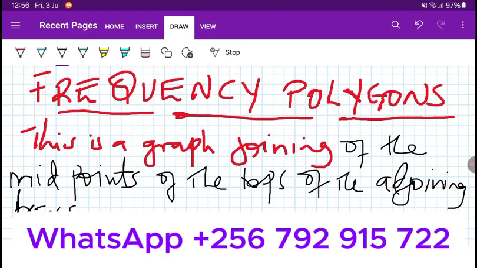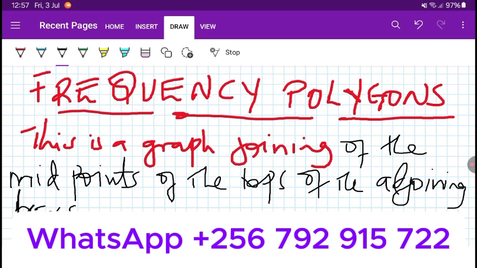So the midpoints of the first and then the last classes are joined to the midpoints of the classes preceding the first and succeeding the last classes respectively.